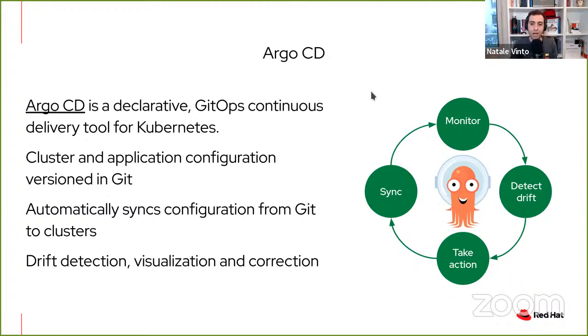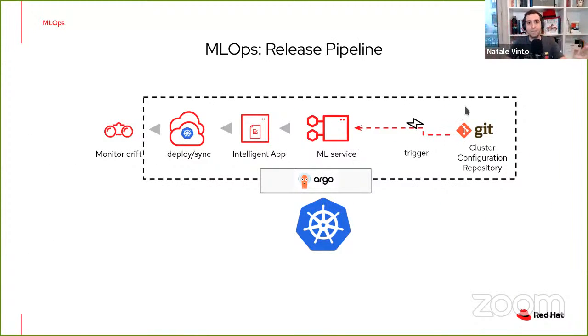Argo CD is in charge of monitoring changes, detecting any drift, and syncing all the changes in the Kubernetes cluster. So the release pipeline for an MLOps operation can be implemented via Argo CD on top of Kubernetes.